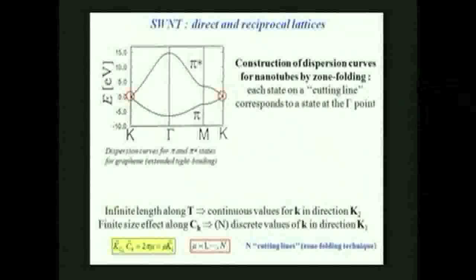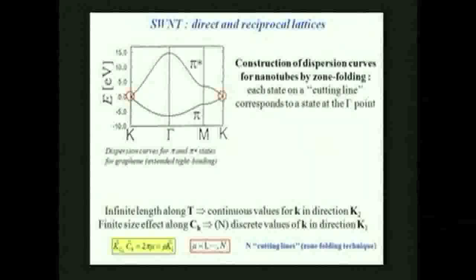Once again, this is from extended tight binding calculations. And I plot only the states corresponding to the highest occupied molecular orbital, which is called the pi state, and the lowest unoccupied molecular orbital, which is called the pi star state.